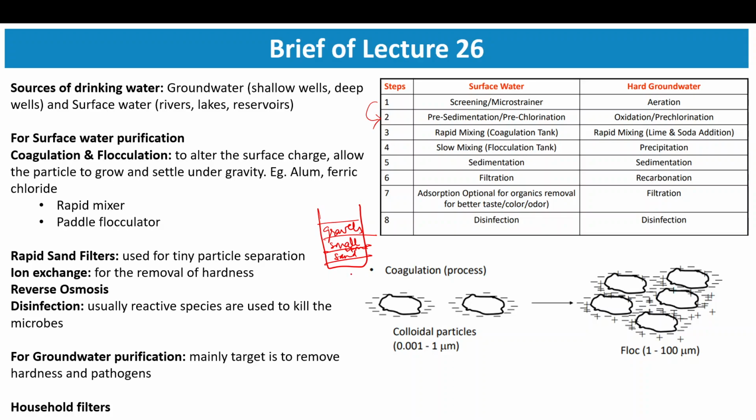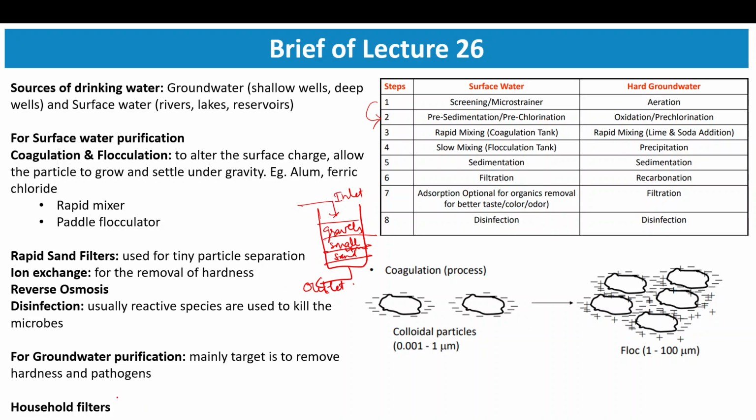As the water passes through, the tiny particles get stuck in between this material and get separated from water. So here there could be the inlet and this could be the outlet.